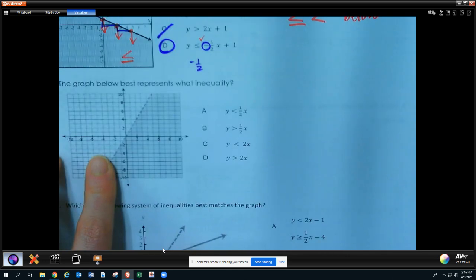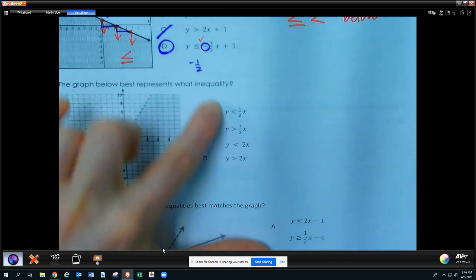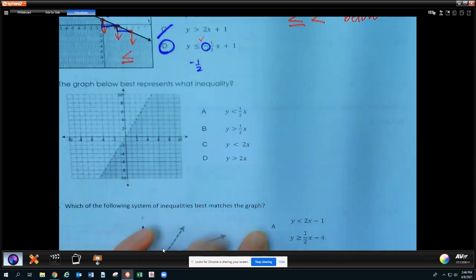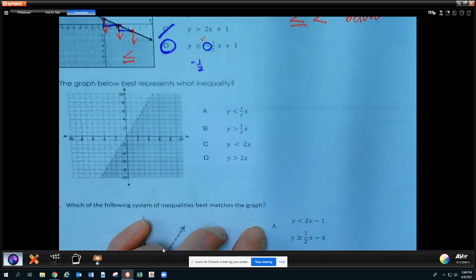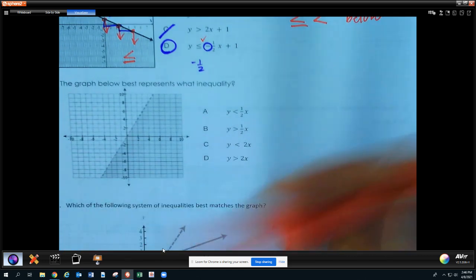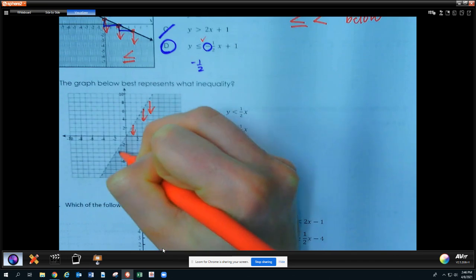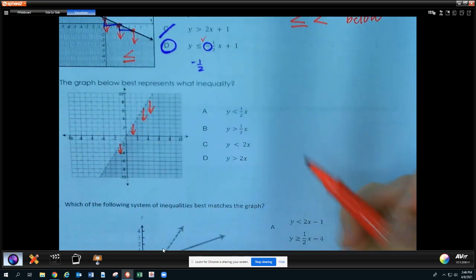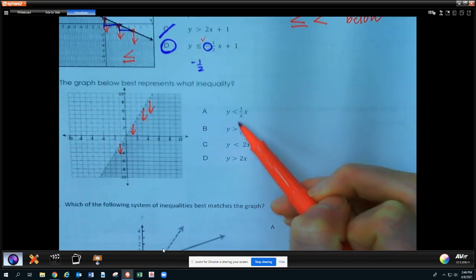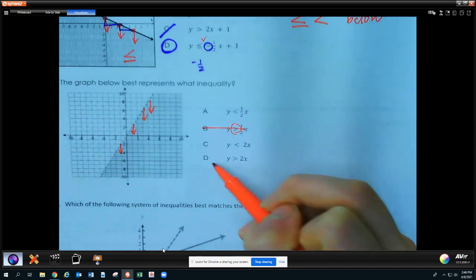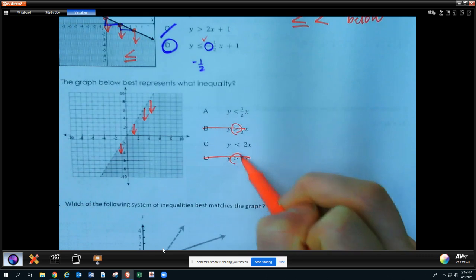Okay, for this next one, it is a dotted line, and none of these inequalities have a line, so we can't really narrow it down there. But we can narrow it down by the fact that the shading is below. If you put your pen on a point, you have to draw down arrows. And so B will not work because it has a greater than, and D will not work because it has a greater than.